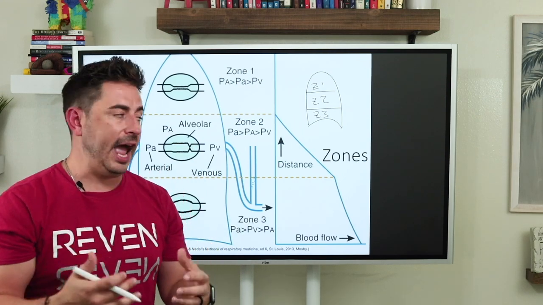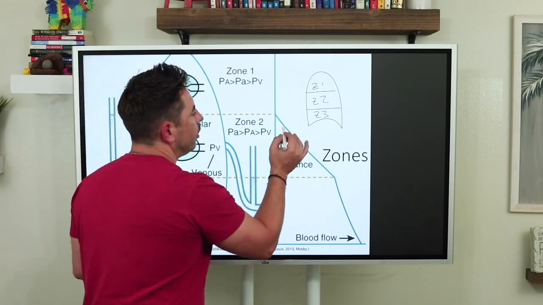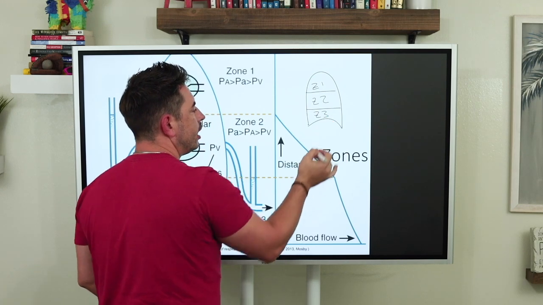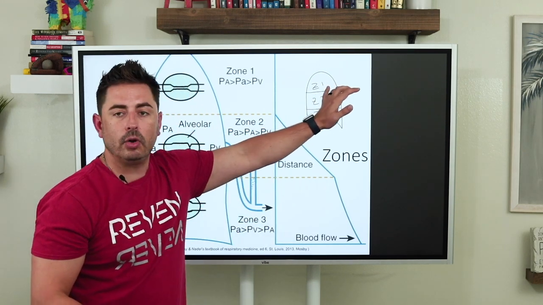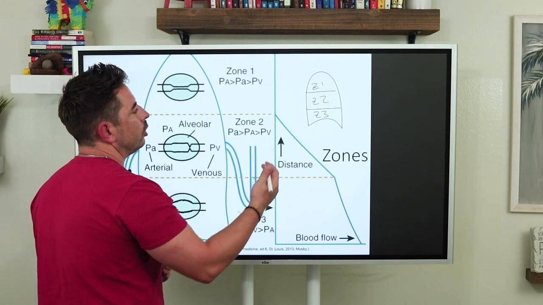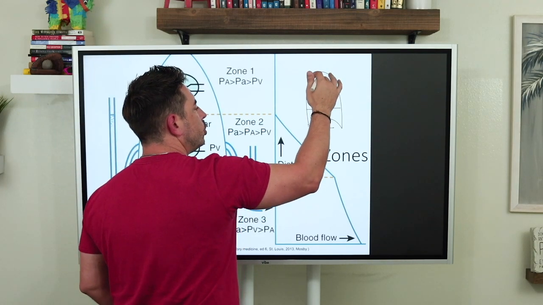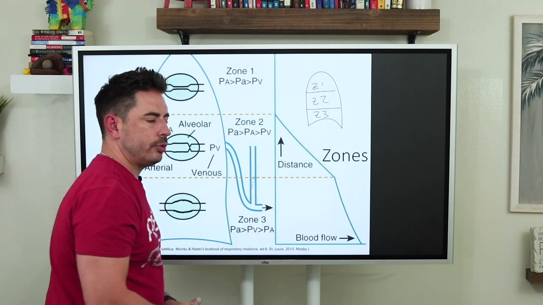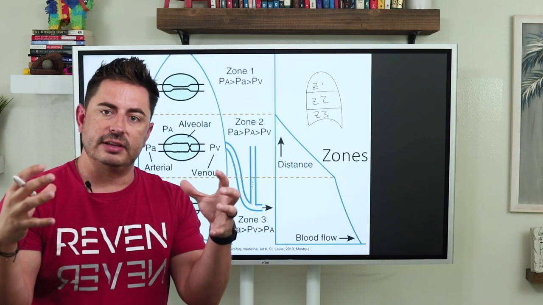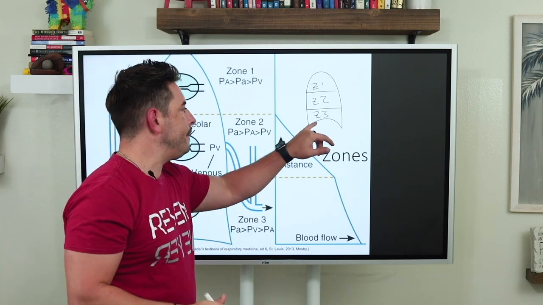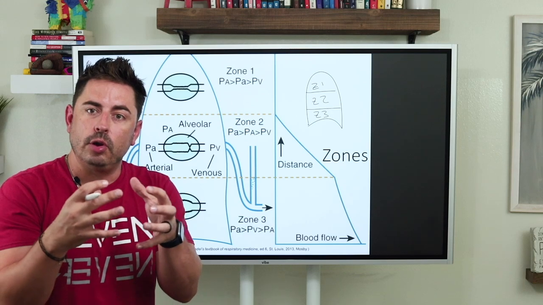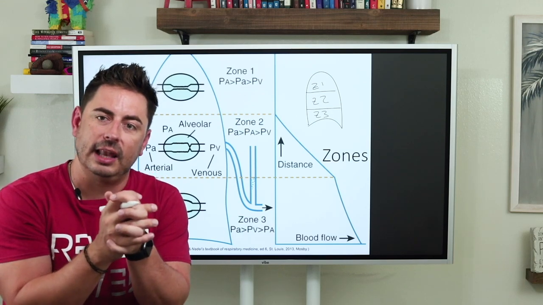The other thing that happens is you have all of the weight of the lung itself sitting down here in zone 3 versus very little weight sitting up there in zone 1. So you have alveoli that are a little bit bigger in zone 1 than they are in zone 3. So if I have all of this extra pulmonary circulation, all of this blood flow that's impacting the zone 3, then those alveoli are actually more likely to collapse.